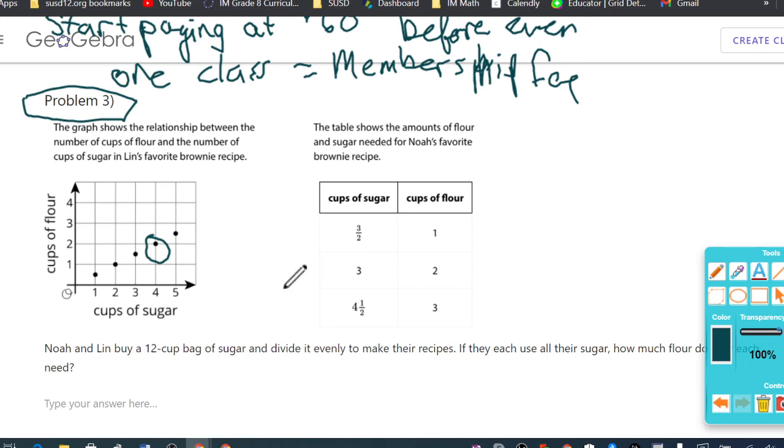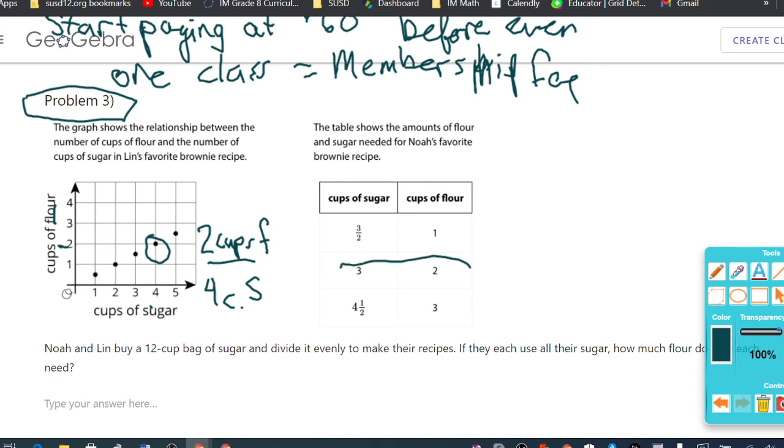It looks like every 2 cups of flour requires 4 cups of sugar. Okay, I'm happy now. Next, the table shows the amount of flour and sugar needed for Noah's favorite brownie recipe.